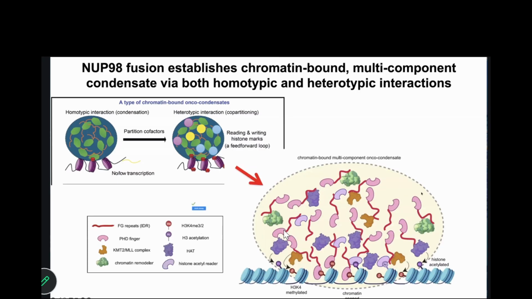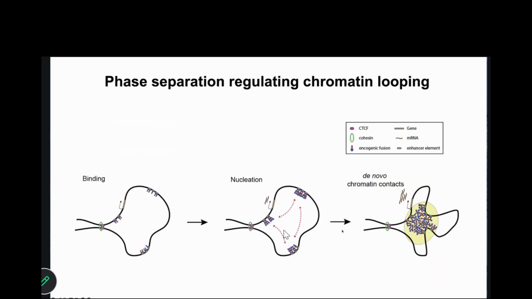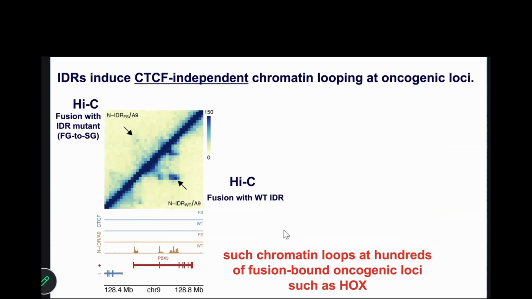And this is one, more detailed diagram of what I just said. In an early study, we also showed the IDR can induce chromatin looping. That story was published a few years back.